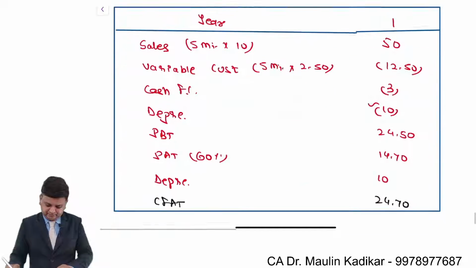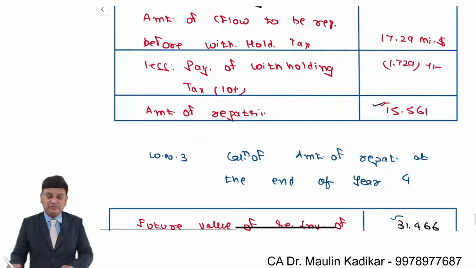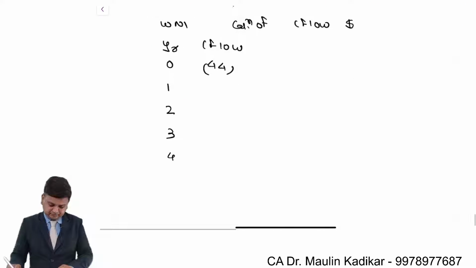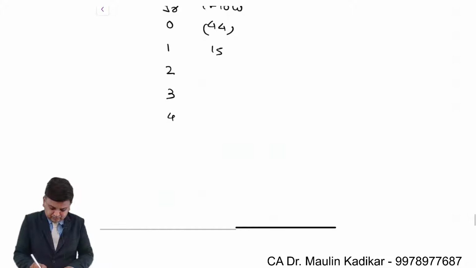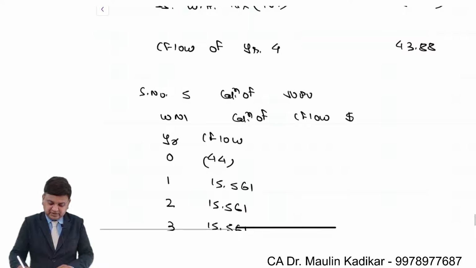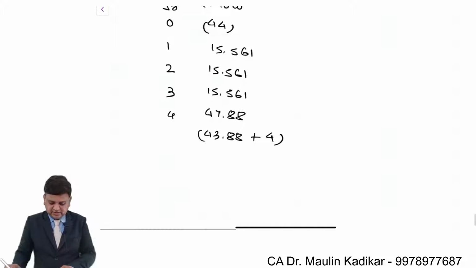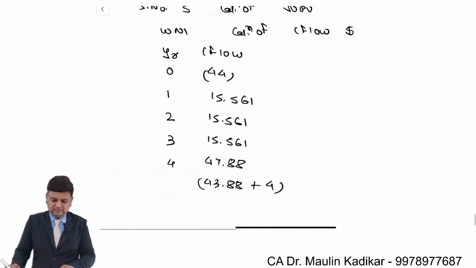Then recurring cash flow is 15.561. In the last year, it is 43.88 plus working capital recovery 4, which is 47.88. This is the cash flow that we have.